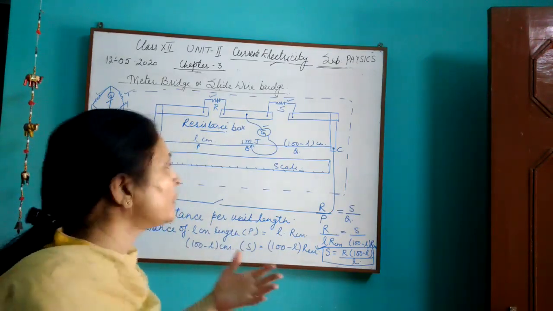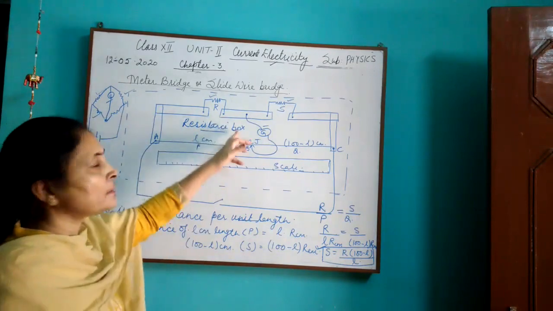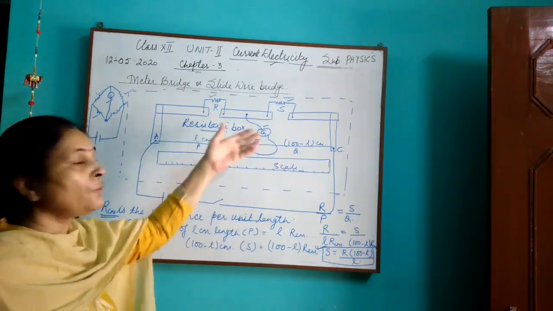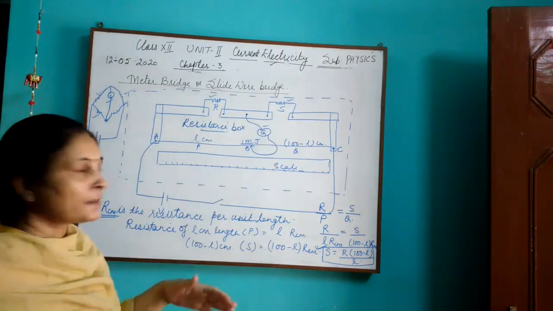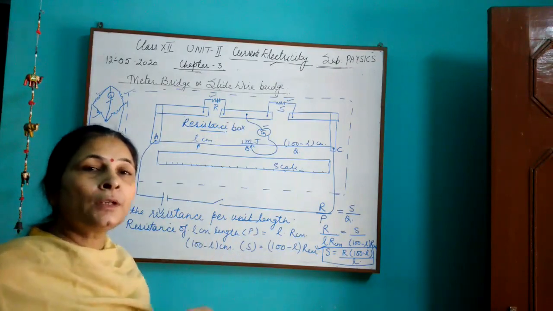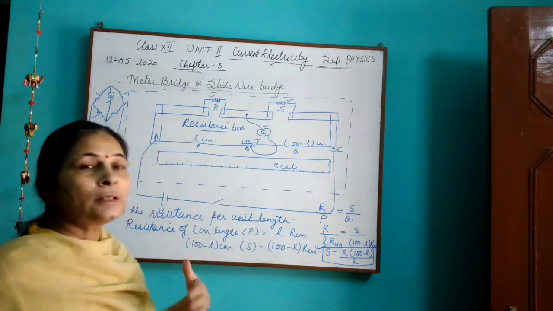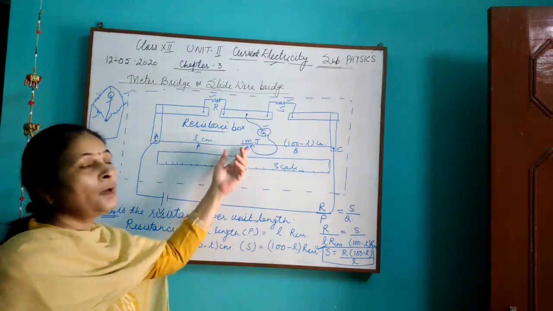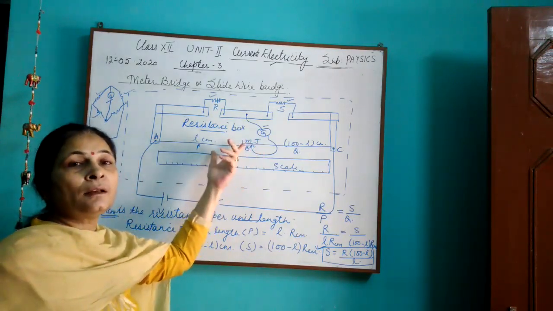So we can do the experiment using different resistances so that our error becomes less and less, and we can take 4-5 readings. Apart from that, this meter bridge will give you the correct answers, or you can say it is maximum sensitive, when we get the null point nearly at the middle.